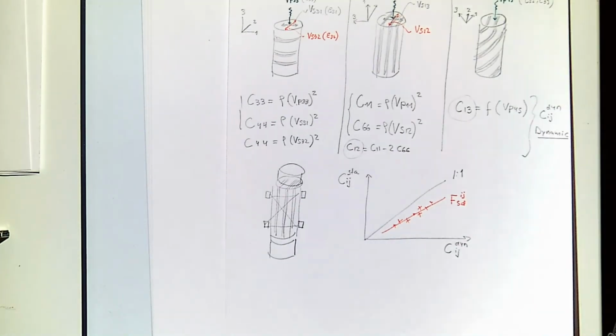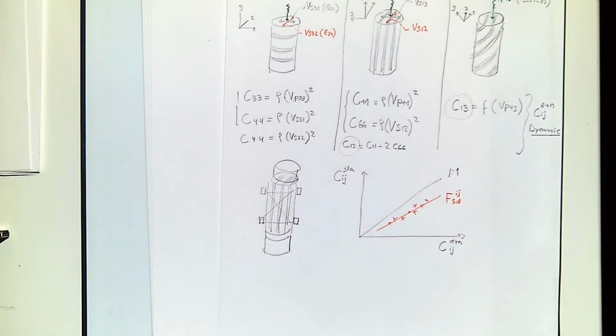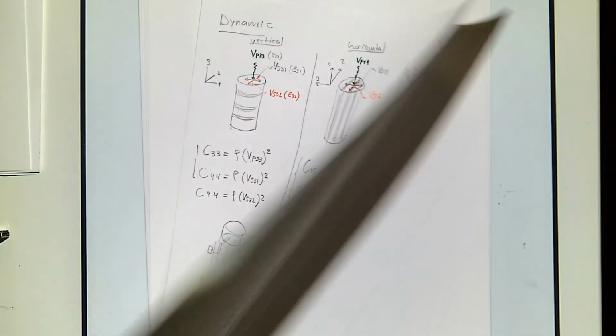Before we move on, I'd like to do one more exercise. I'd like to do that before we go into something else. Question, which is going to be larger? The horizontal Young modulus or the vertical Young modulus?